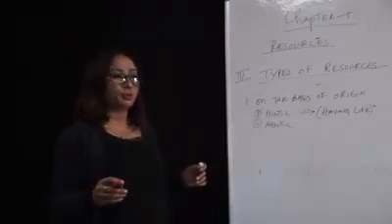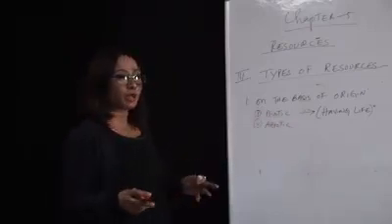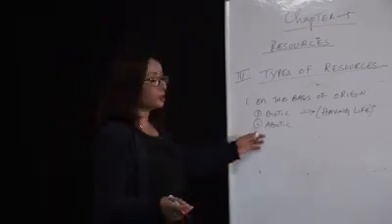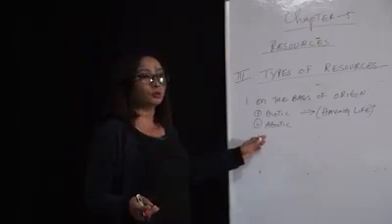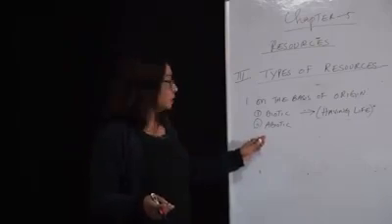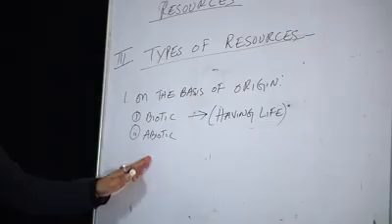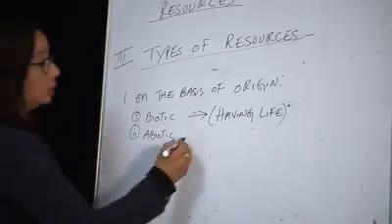Very simply to remember, those resources which have life or which come from the biosphere. Then abiotic means non-living. These are composed of non-living substances like rocks, minerals, soil. We talk about all this as abiotic or non-living.